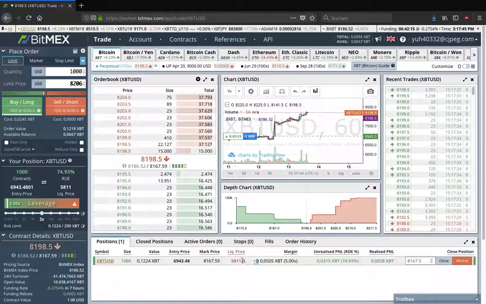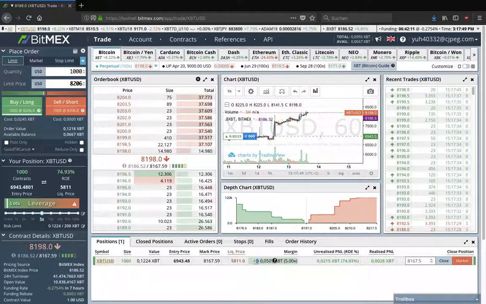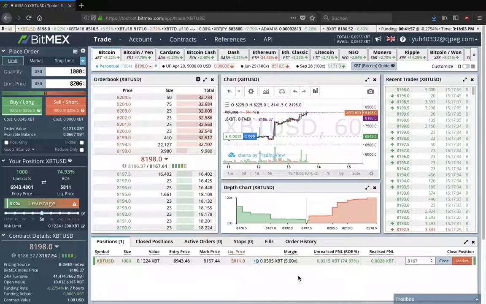I want you to pay attention to my current liquidation price and the amount of margin I'm currently using. I'm in isolated margin mode because I've defined a 5x leverage for my current position. That's my margin requirement I need to put up front to have this position open.